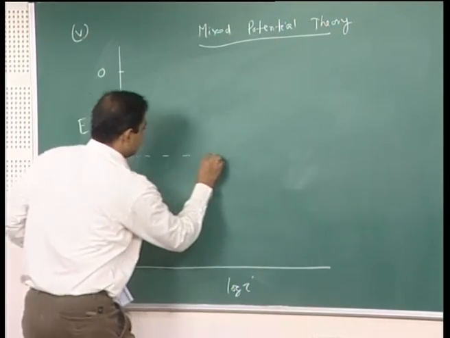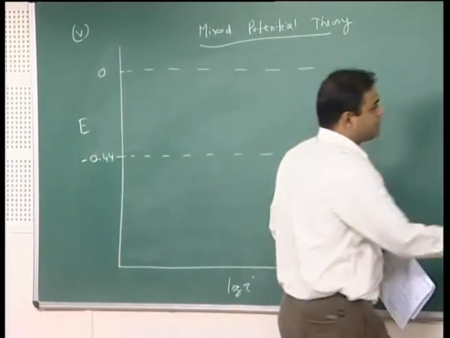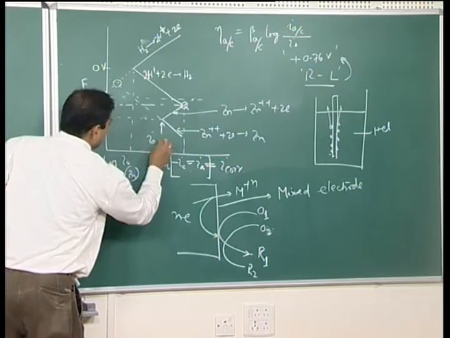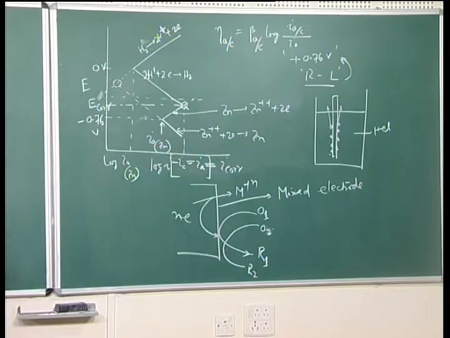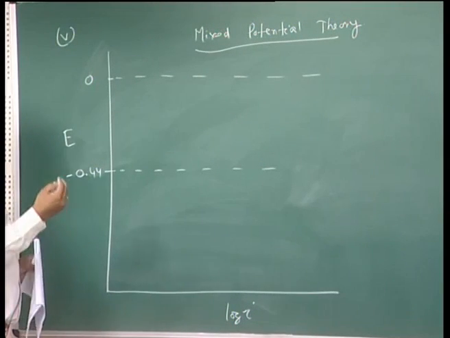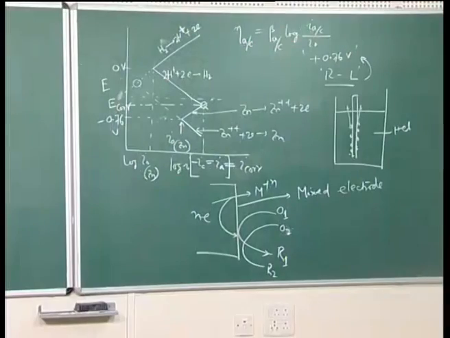Now, this line I have to consider, this parallel line, this straight line we have to consider, and here one point I have missed, this point nothing but I0 for zinc on zinc surface. Similarly, in this case also I have to see where is my I0 point for the reversible reaction of iron going into iron plus ion, and also the hydrogen reaction exchange current density I0 on that iron surface.